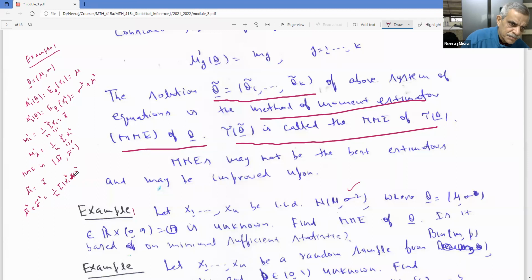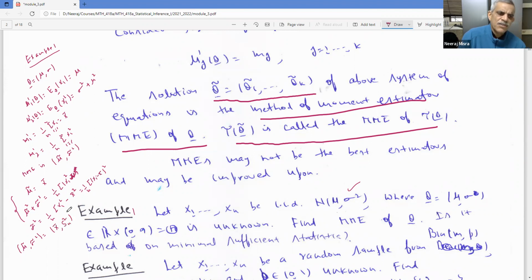Second sample moment is 1 upon n summation xi square. So if I solve these two equations, I get mu tilde is x bar and sigma tilde square is 1 upon n summation xi square minus x bar square, which is basically 1 upon n summation (xi minus x bar) whole square, which is Sn square. So mu tilde, sigma square tilde is x bar and Sn square.